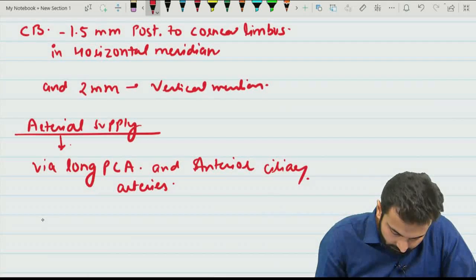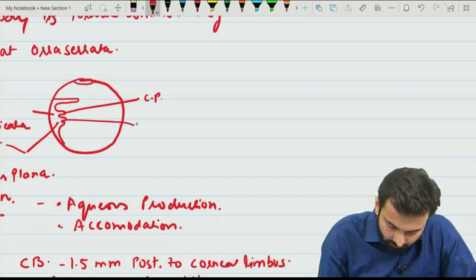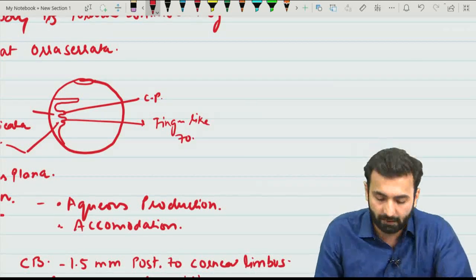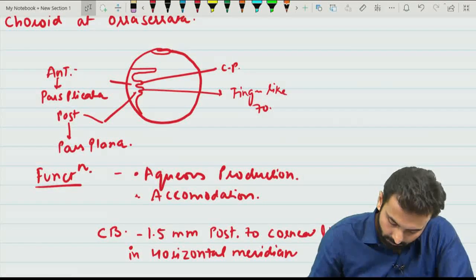Talking about ciliary processes, these are finger-like projections, and they are 70 in number. So this is all about the anatomy of ciliary body that you should keep in mind.